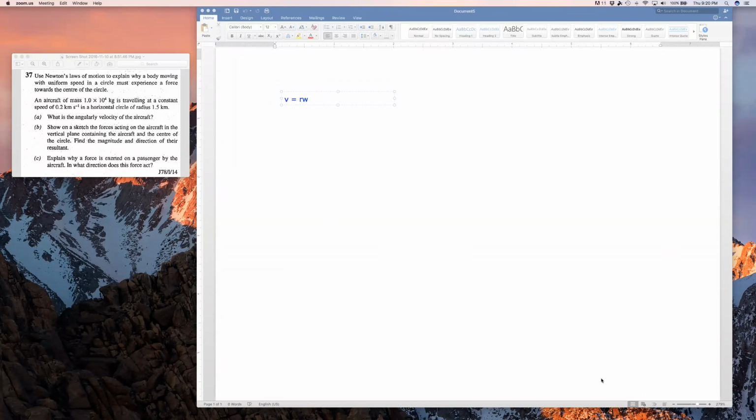Do that again. So omega would be equal to V over R, and that will be equal to 0.2 over 1.5.